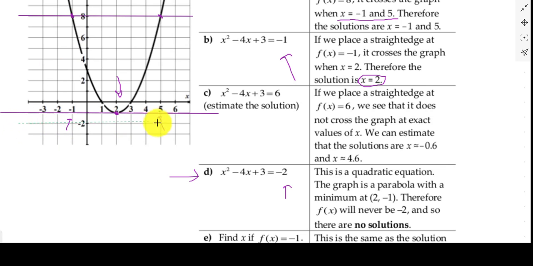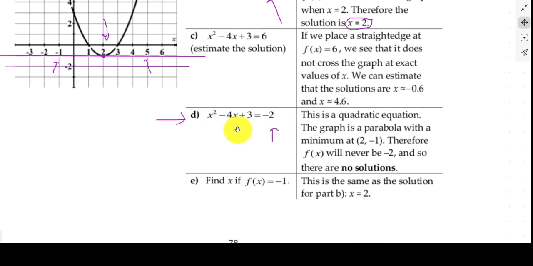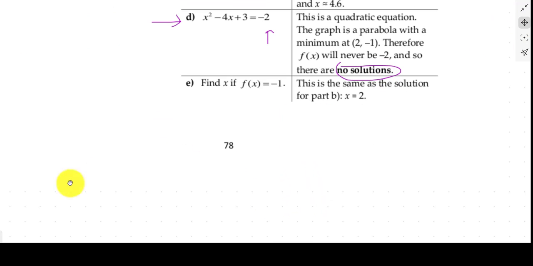Notice there's no intersection. This purple line does not intersect with my graph, so the answer is no solution. There is no value of x that's going to give me negative 2, so you'll notice how they wrote no solution.